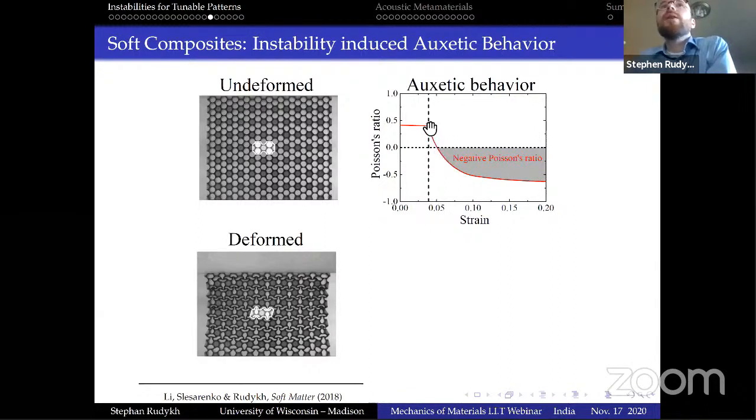And that's basically just related to the change in the geometry and not to the instability itself in many ways. So instability is just the means to go towards the geometry that produces negative Poisson ratio behavior.